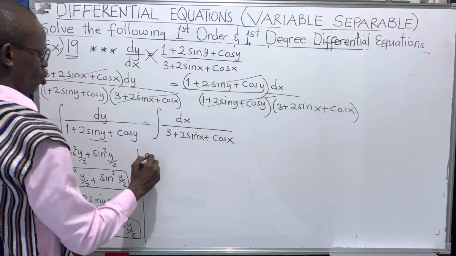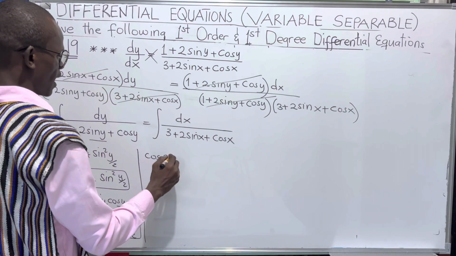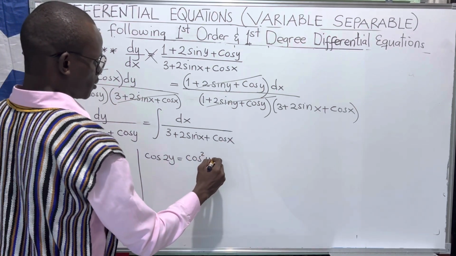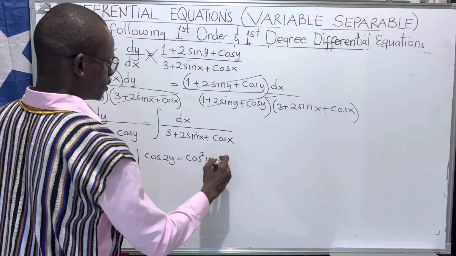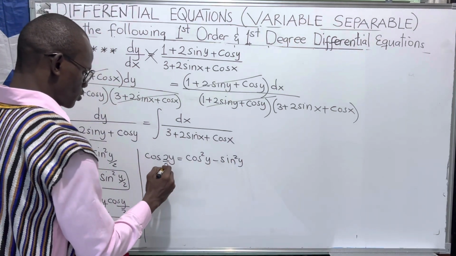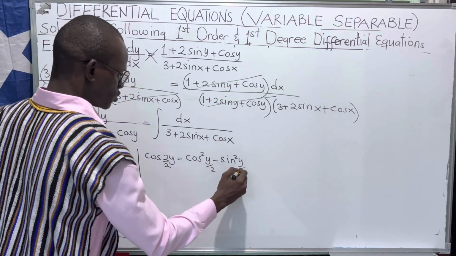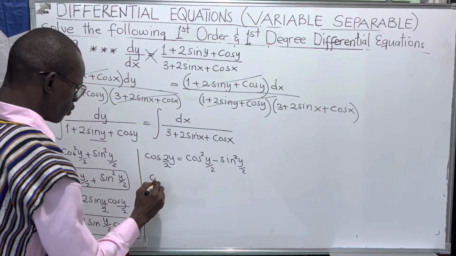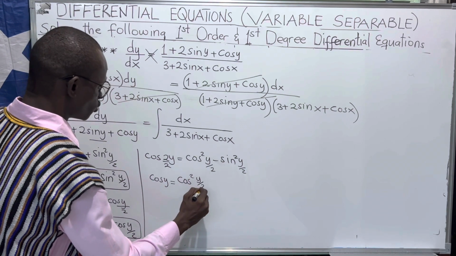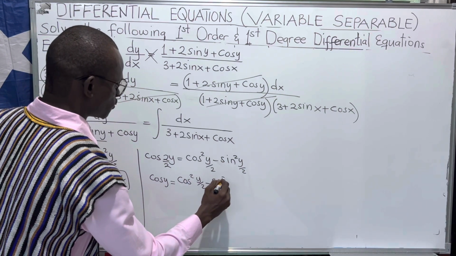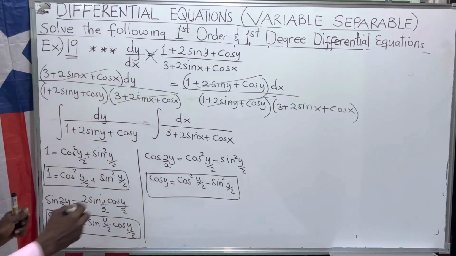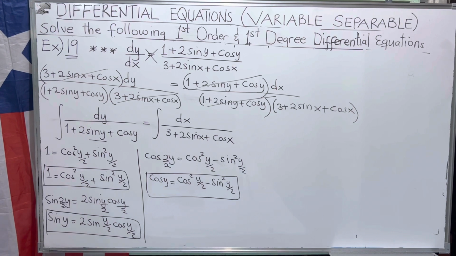Similarly, cos of 2y is equal to cos square y minus sine square y. So if we want to have half angles, we can divide all angles by 2. We have cos of y to be cos square y over 2 minus sine square y over 2. So this is going to be the third equation that we want to use.